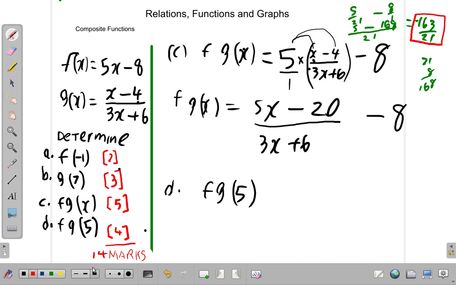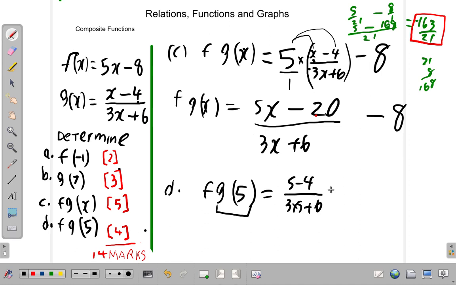What you could say for this is that g of 5 is going to be, remember, we're finding this first, g of 5. g of x is x minus 4, g of 5 is 5 minus 4 up here, divided by g of x, 3x plus 6 down here, so g of 5 is 3 times 5 plus 6 down here.